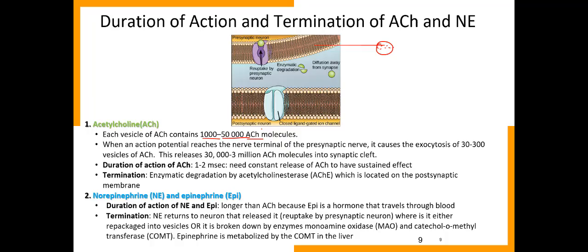And when an action potential goes down the axon and reaches the nerve terminal, it causes exocytosis of 30 to 300 of these vesicles. So at any given time, when you've got an action potential going down a cholinergic neuron, it would release 30,000 to 3 million molecules of acetylcholine into the synaptic cleft.